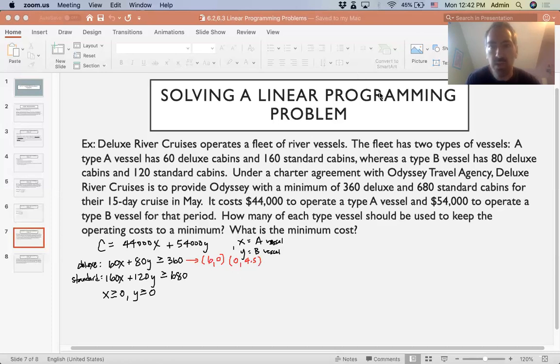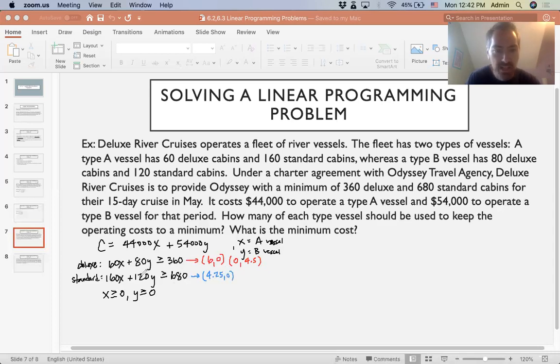Now for the x and y intercepts of the second inequality, we're dividing the 680 by 160, excuse me, 680 divided by 160 is 4.25, or 4 1/4.